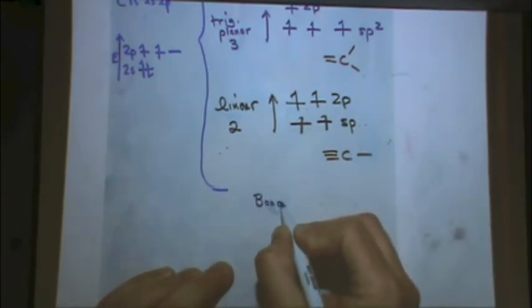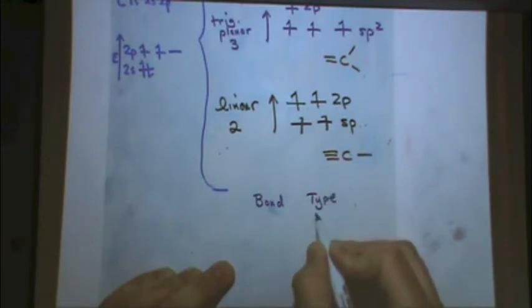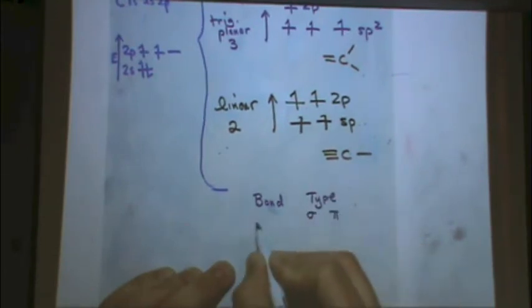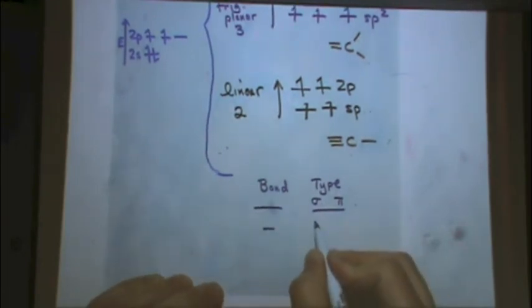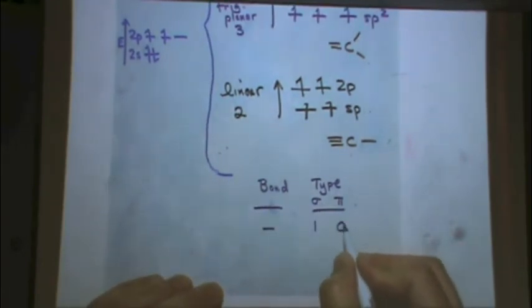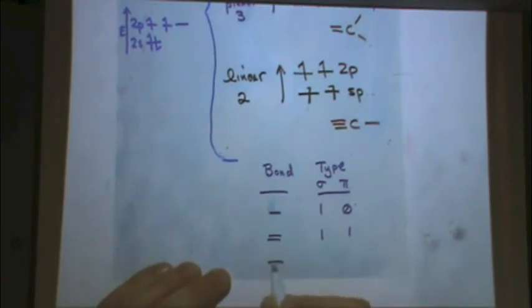Bond type. Sigma. Okay, if you have a single bond, that's 1 sigma bond, 0 pi's. If you ever see a double bond, that's 1 sigma and 1 pi. And if you ever see a triple bond, that's 1 sigma and 2 pi bonds.